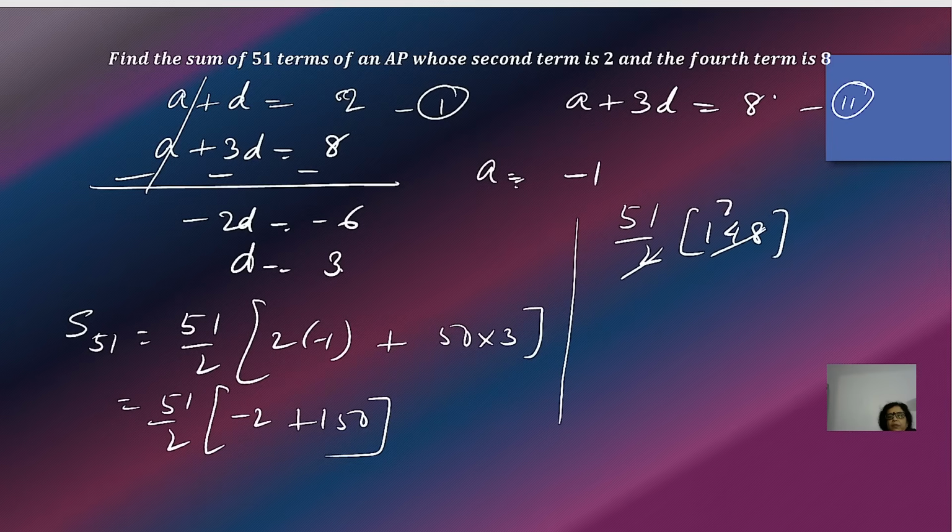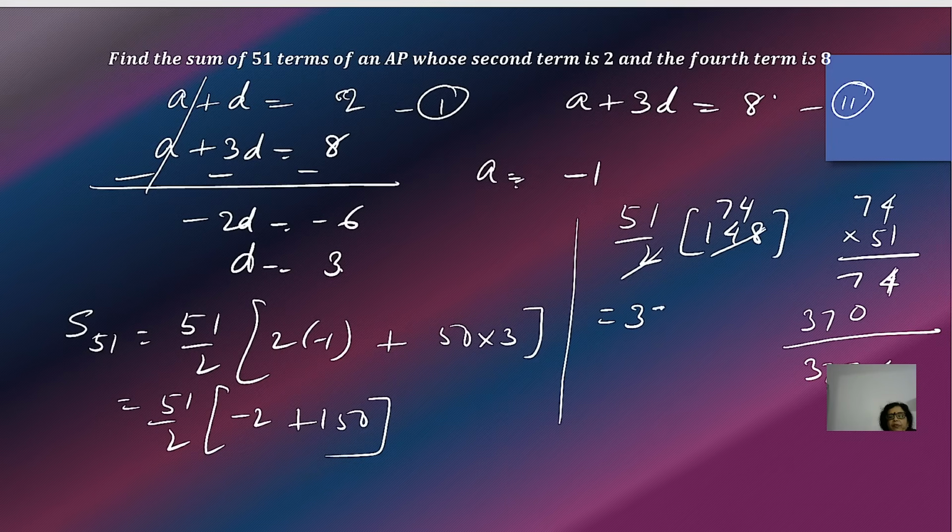That is 2 sevens, this is 74. So 51 into 74. If we multiply 74 by 51, we get 7 4s are 28, 5 4s are 20, 7 5s are 35, 37. So the solution is 3774. So the summation of 51 terms is 3774.